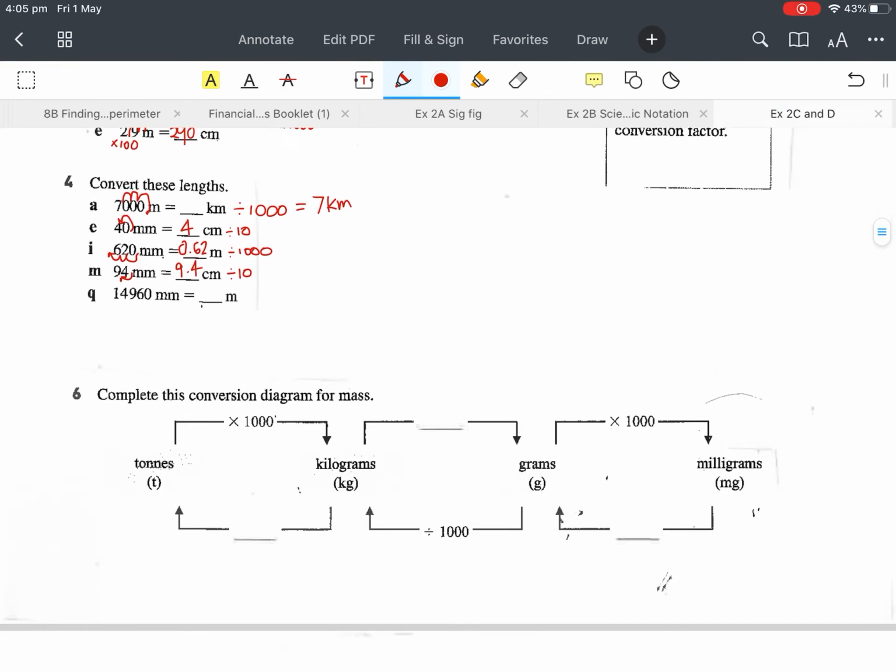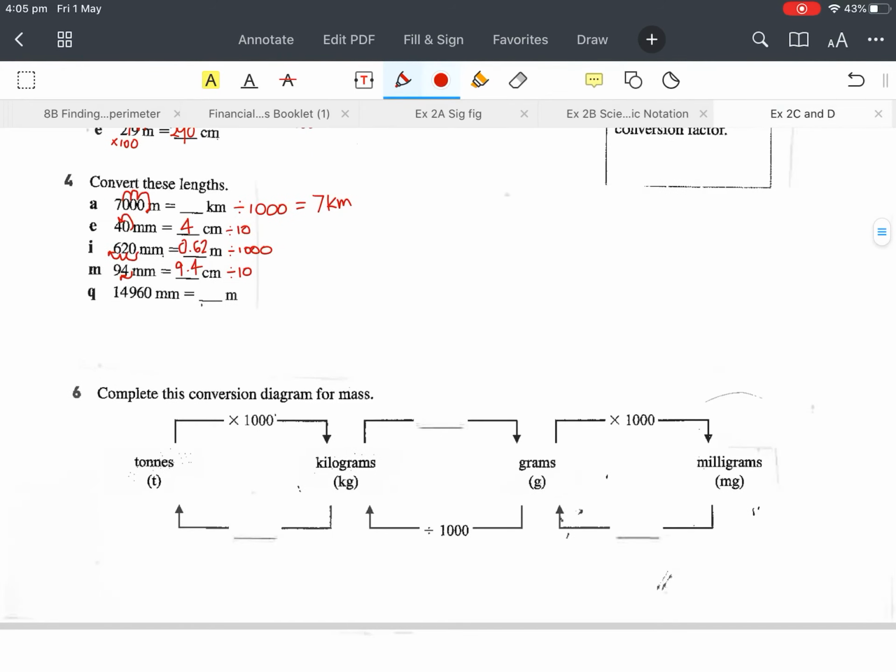All right, so question 6 onwards starts talking about grams and tonnes. These ones are much easier. Everything's just converted by 1,000, okay? Because kilo means times by 1,000 and milli means divided by 1,000. So all of these are nice. The only one that's a pain in the neck is obviously time, because seconds and minutes are all 60.